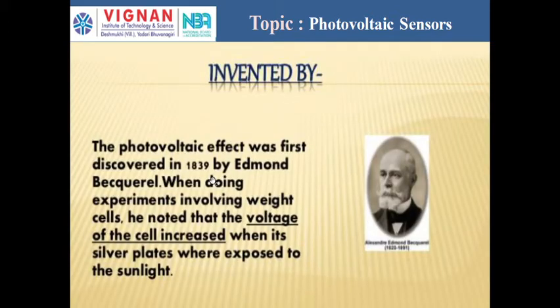The photovoltaic effect was first discovered in 1839 by Edmond Becquerel when he was doing some experiments involving wet cells. He observed that the voltage of the cell increased when its plates were exposed to sunlight. That is how the photovoltaic effect was discovered, in 1839.